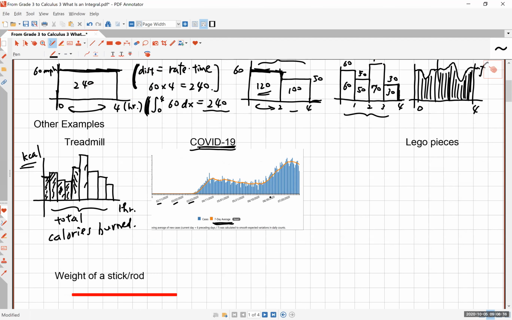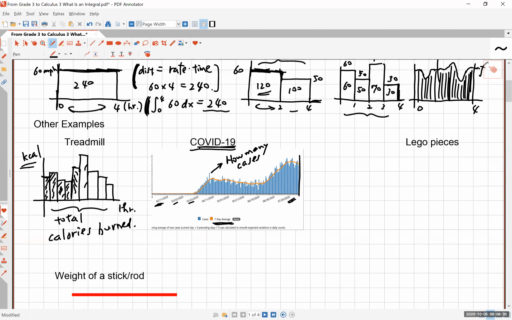This is for each day, between December, February, and July or August, whenever this stops, and this keeps track of how many new cases.